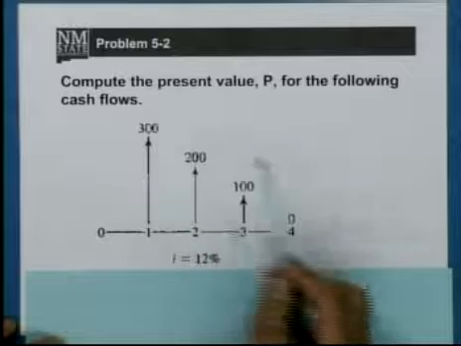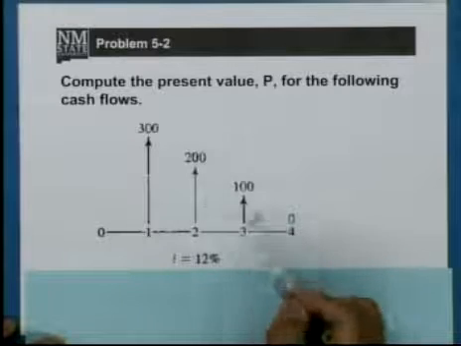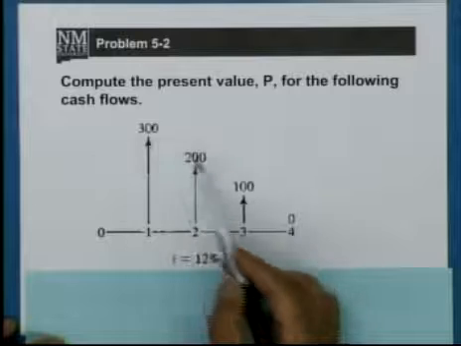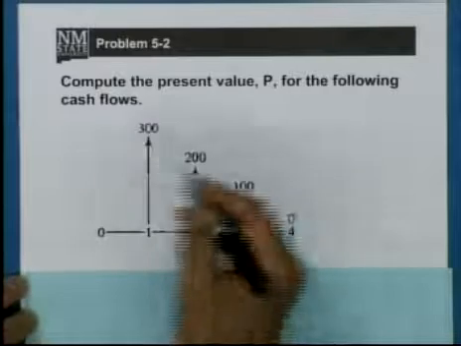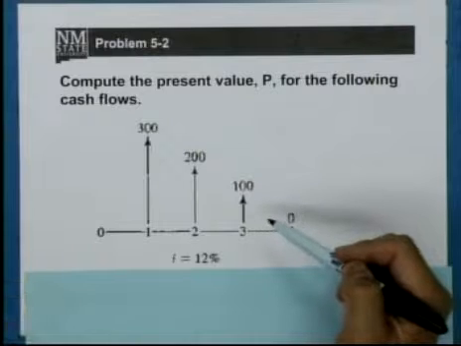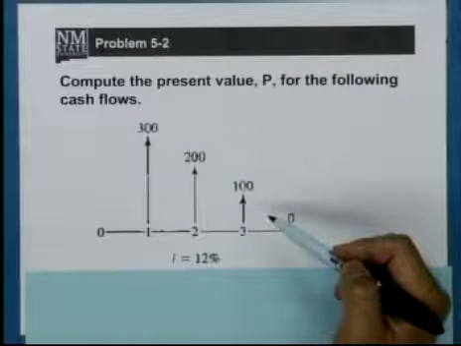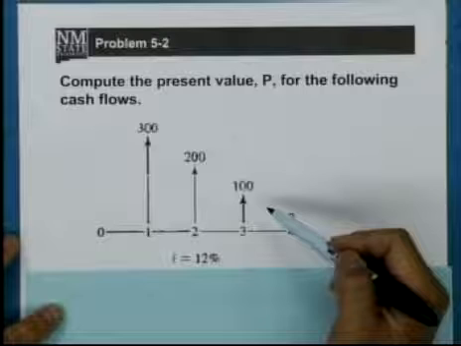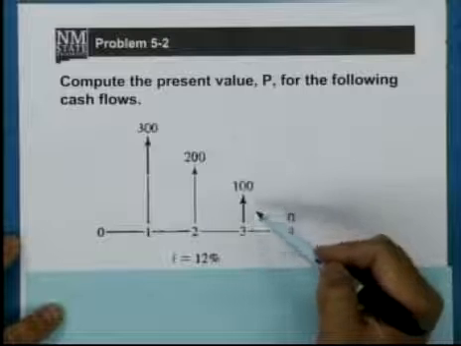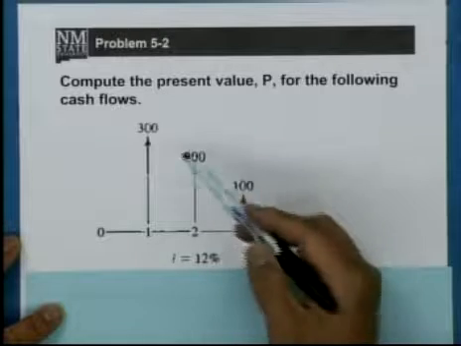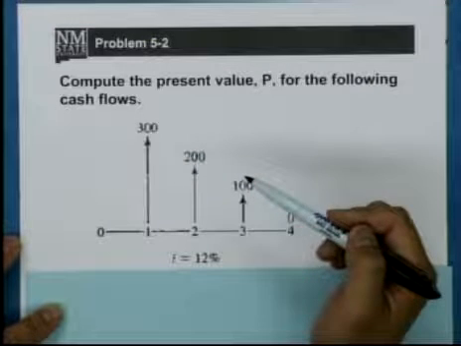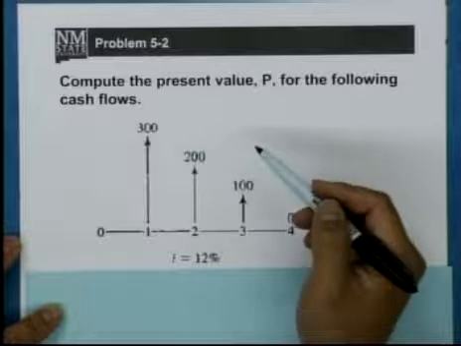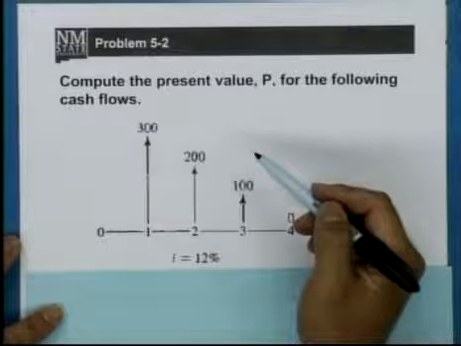So obviously this cash flow has a declining gradient, right? So this given cash flow can be broken into two components again. One for a uniform annual series of $300, and another for an arithmetic gradient series with G equals negative 100, right?